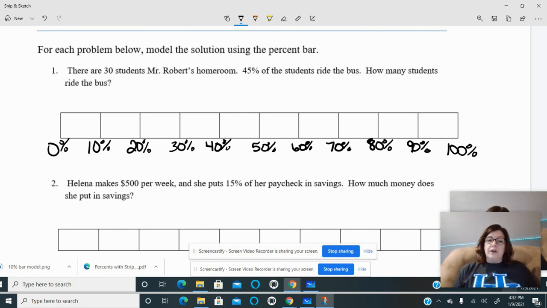Percents always go across the bottom. Then it says there are 30 students. That's the total students, so that's the 100%. So the 30 goes where the 100% is, and the 0 over here. We're going to take 30 and we're going to separate into these 10 parts. So 30 divided by 10 is 3. So we're going to skip count by 3s.